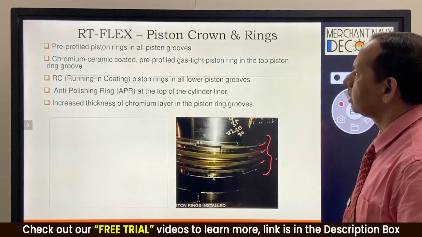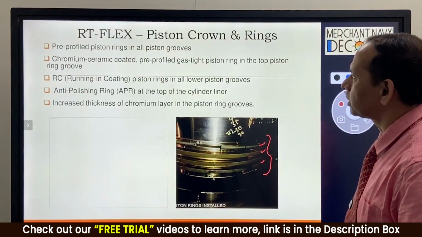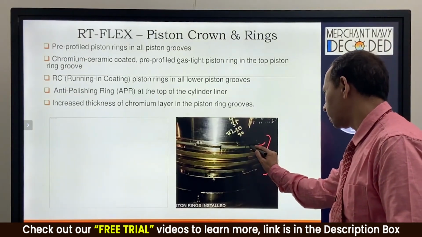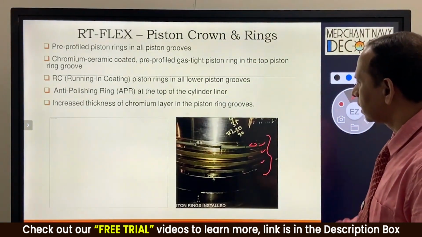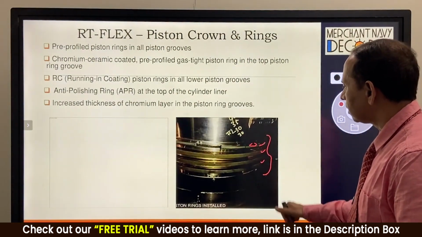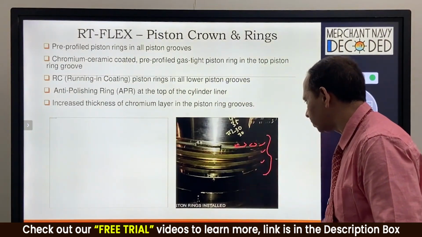Chromium ceramic coated pre-profiled gas tight piston ring in the top piston ring group. This top piston ring group is going to sustain the maximum gas pressure, and this is the piston ring which is working under the most arduous condition.